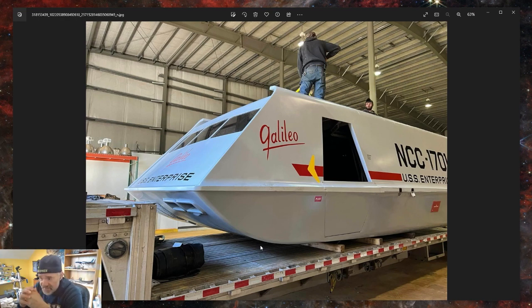This is photographic evidence that if you're painting the two-tone gray thinking that that was the actual colors, that is incorrect. But if you're doing it to make it look like it was on the set in the show lighting system, then you can enhance it by adding some grays for shadow effects and stuff like that.